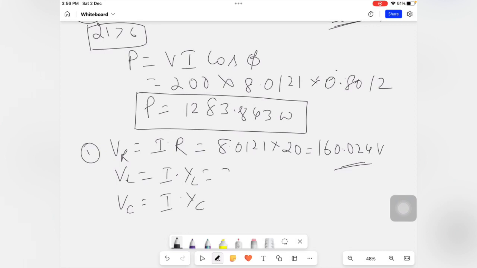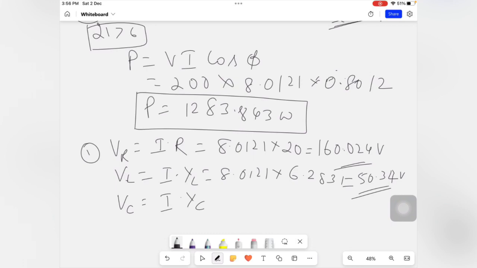So current is same, 8.0121 into XL value. How much is it? 6.2831, already calculated. So you will get around 50.34 volts.